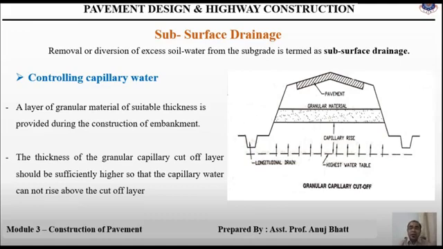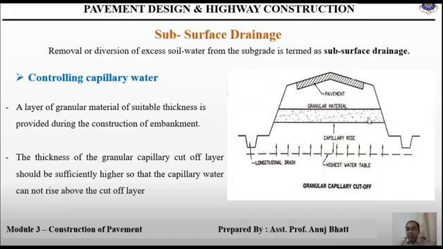In this method, a layer of granular material with a suitable thickness is provided during the construction of the embankment. As shown in the figure, this is the granular material layer. It is provided between the subgrade and the highest level of the subsurface water table.